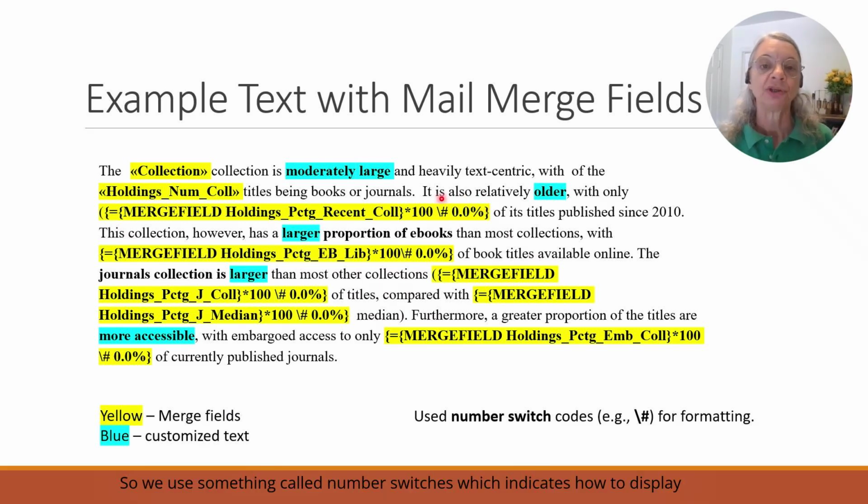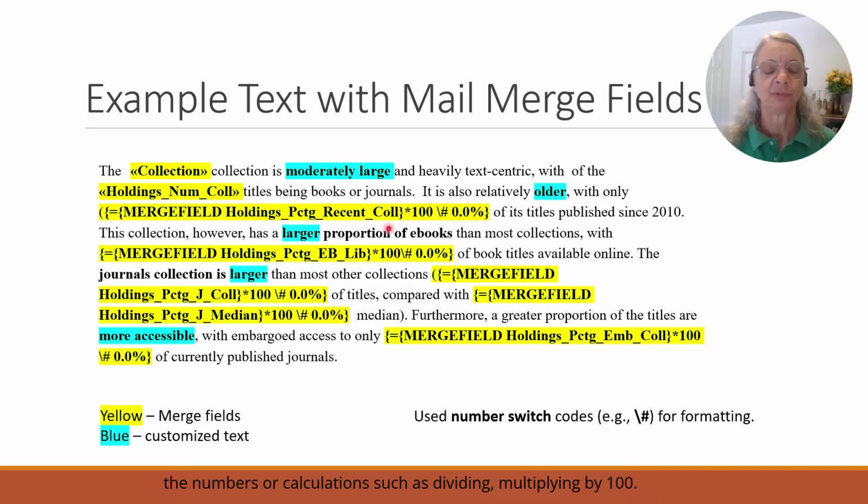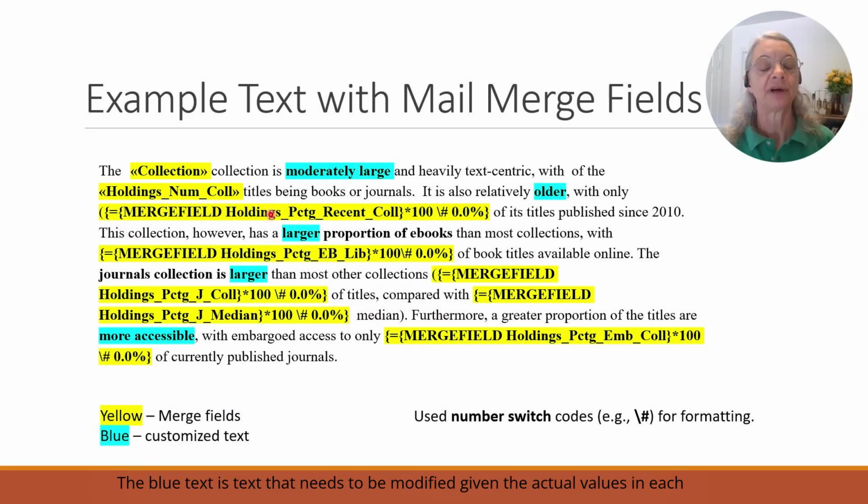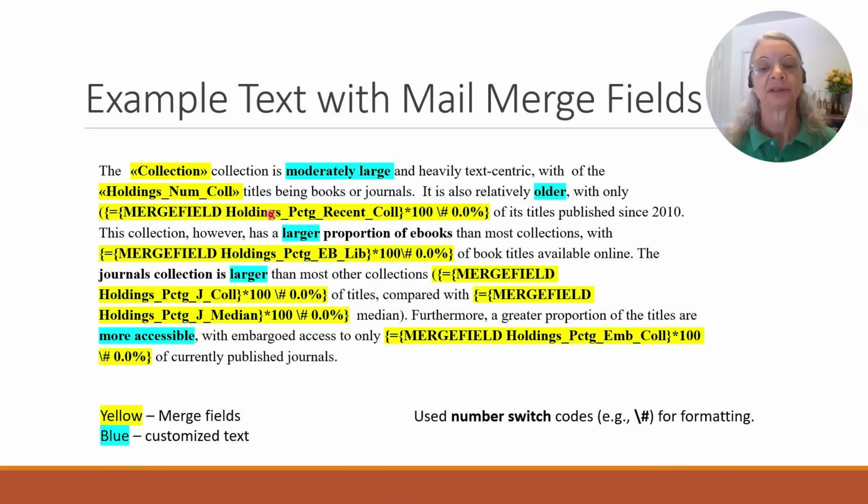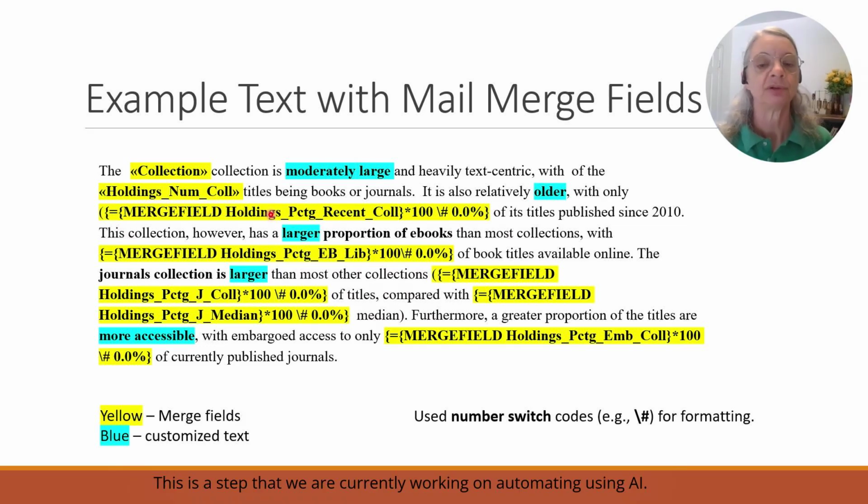So we use something called number switches, which indicate how to display the numbers, or calculations such as multiplying by 100. The blue text is text that needs to be modified given the actual values in each report. This is a step that we are currently working on automating using AI.